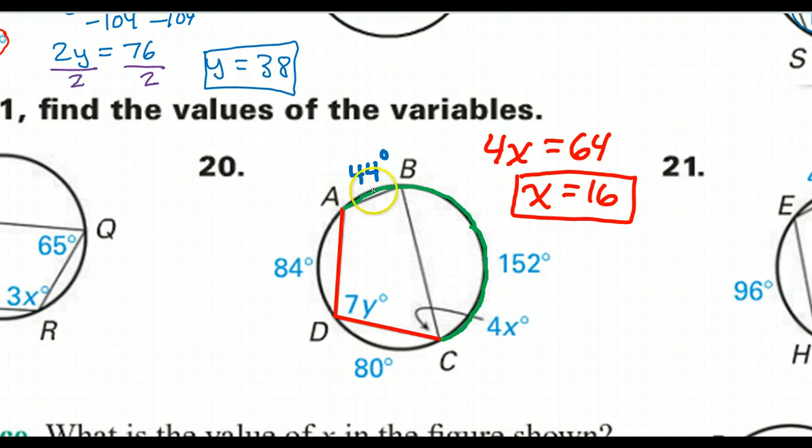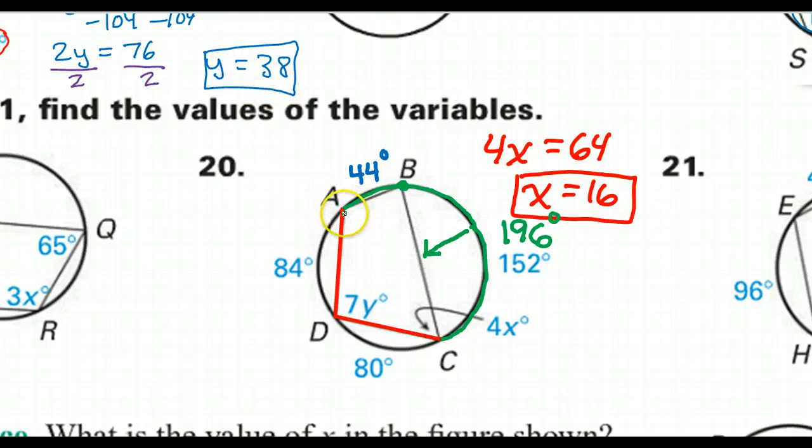Now this green arc is just the 44 plus the 152. That is 196 degrees. So the green arc is 196 degrees. If I take half of that, that should give me this red angle. So if we take half of that, we get 98.